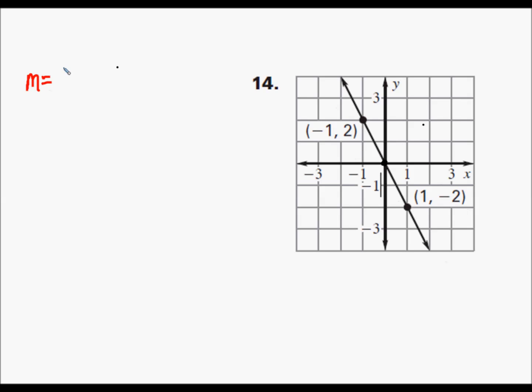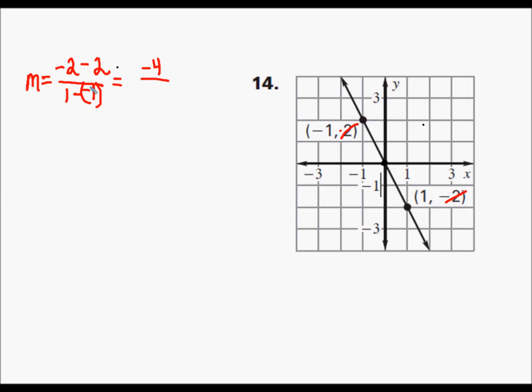So I have -2 minus 2 over, now I have to come back to this point first, 1 minus -1.